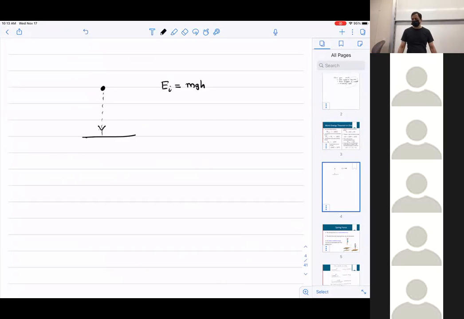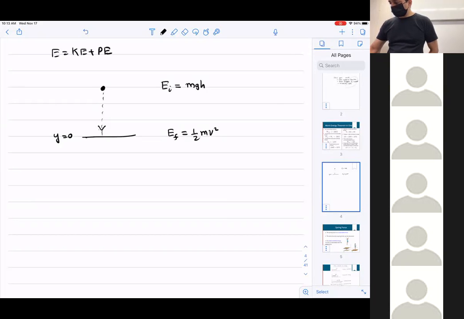It's a conservative force. And so therefore energy is conserved. And then when it hits the ground here, it has some final energy, which is just 1/2 mv squared. Because remember, this is like our y equaling 0. Remember that the energy is kinetic energy plus potential energy. So up top here, the object is released from rest.